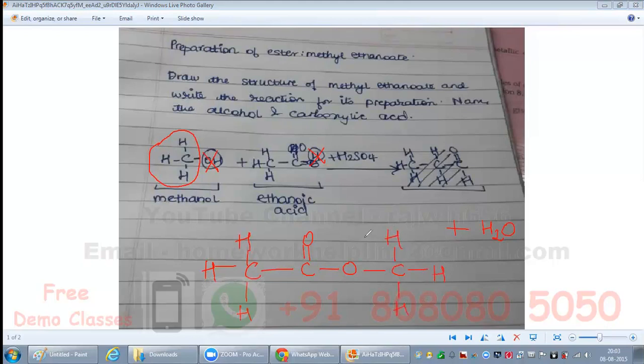So this part is your methyl, and this part is your ethanoate. Methyl is over here. This part is ethanoate. Okay, because the methyl part comes from the alcohol, that is methanol, and this ethanoate part comes from the carboxylic acid, which is ethanoic acid in this case.